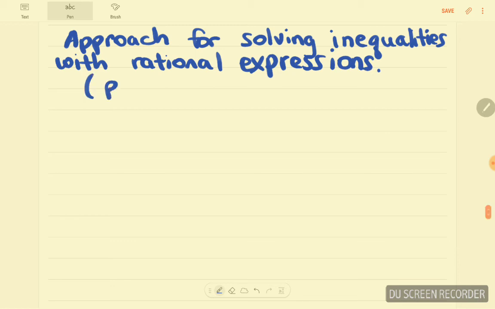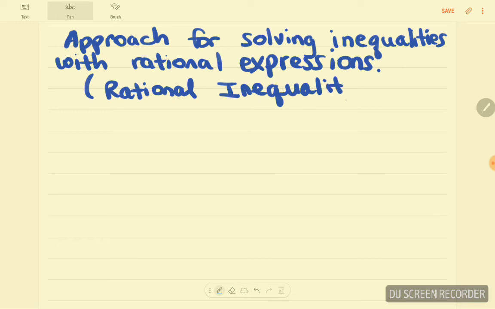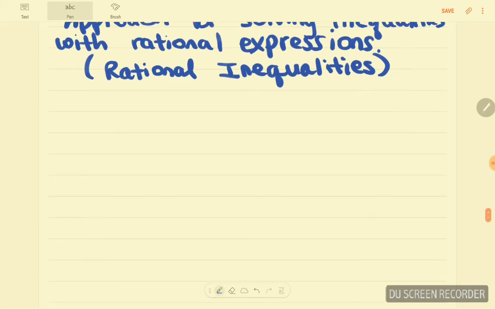Okay, so I'll just write that here, rational inequalities. Just like if it was an equal sign, we would call it a rational equation. Right, so we're learning an approach. Now the approach is this.